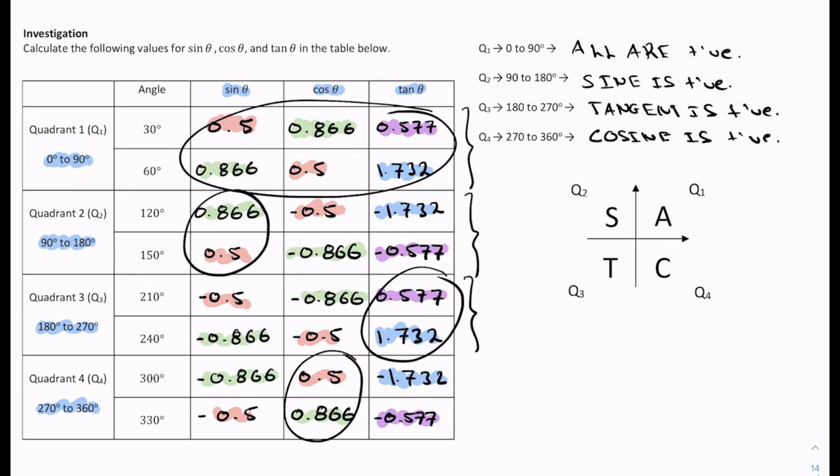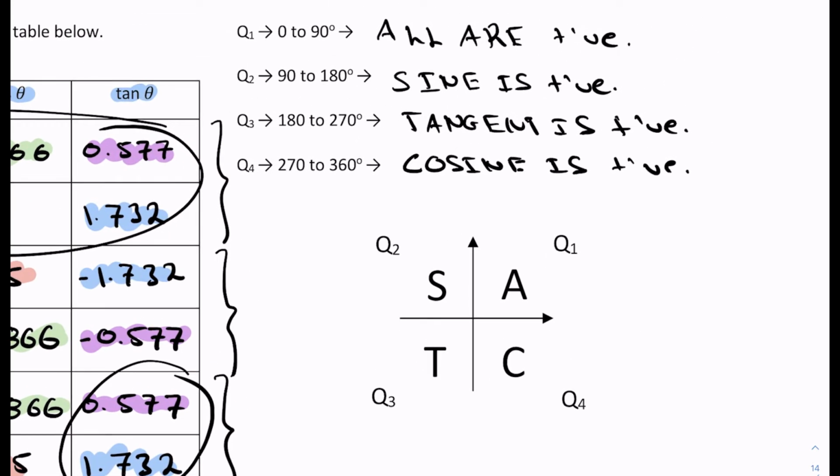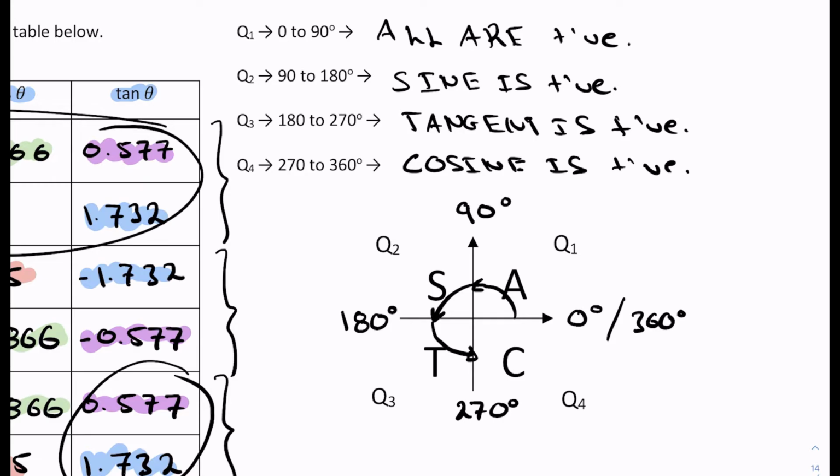And if we look at that in terms of the quadrants 1, 2, 3, and 4, 0 is always measured from the positive x-axis. 90, we're going counterclockwise here, so from here to here, that's Q1. From here to here, that's 90 to 180, that's Q2. From here to here, that's 180 to 270, that's Q3. And then finally, 0 is the same as 360, and that's one full circle.